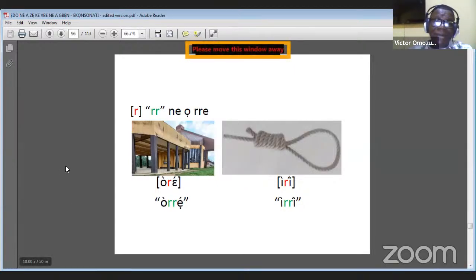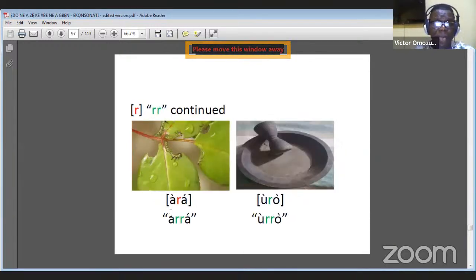Then you have the Ri now, Ore. You can see the pictures of Ore there. And then Iri. You have it, Ara. You see that, it's a small caterpillar kind of creature.